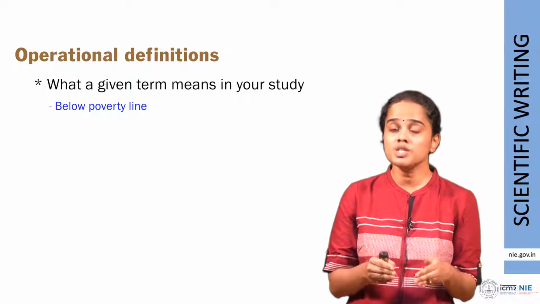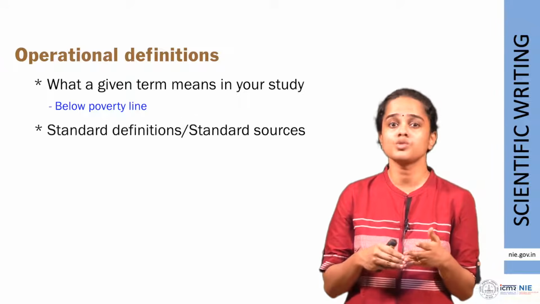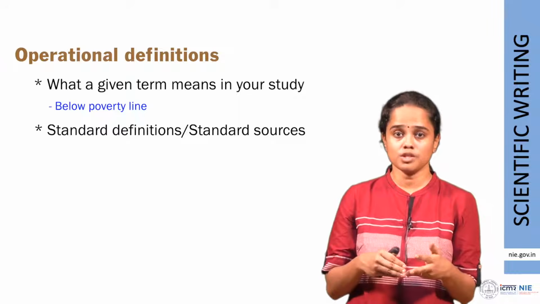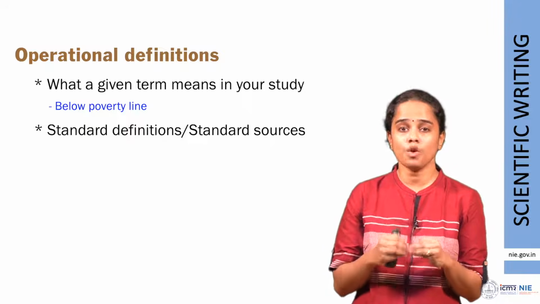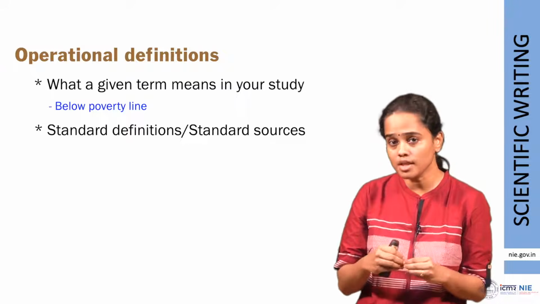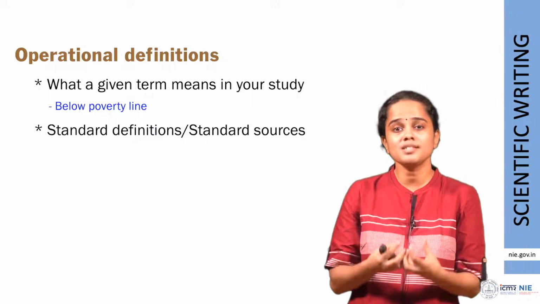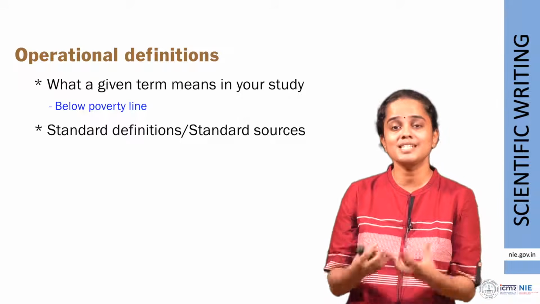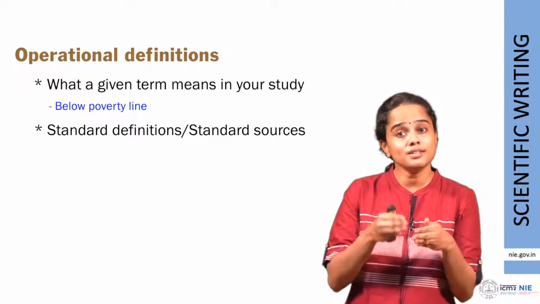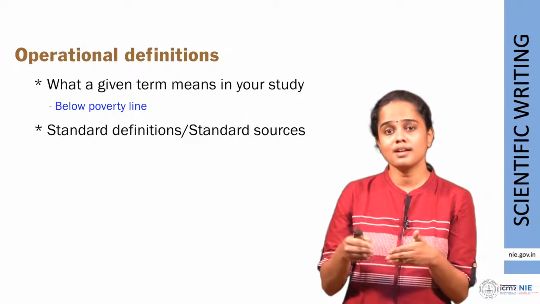So here we recommend that you refer to standard sources and use standard definitions. And if you have framed an operational definition for the sake of your study, we recommend that you state it very explicitly, so that the reader understands it clearly.